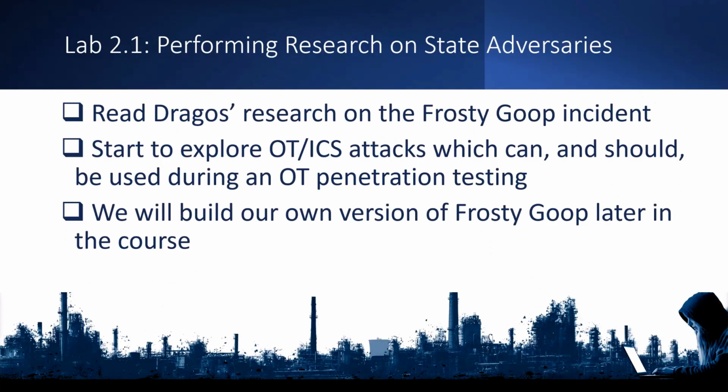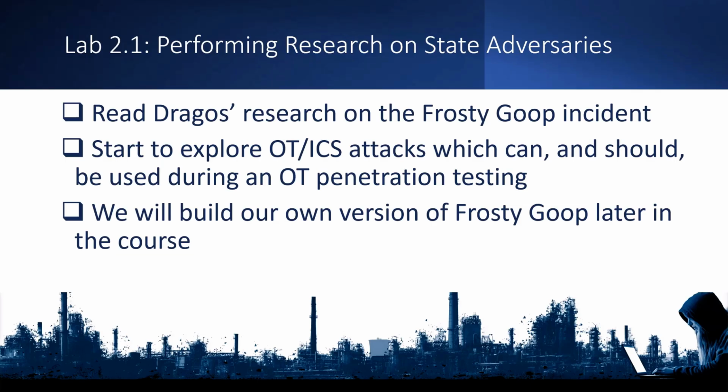So the first lab in this part of the course, I'm actually going to do some more research, but this is actually reading the initial research that Dragos had put out on FrostyGoop. Remember, they had actually found FrostyGoop, and so they released an initial white paper on FrostyGoop, and then they did a follow-up webinar, and we're going to talk about all of that in a later section when we come back and recreate FrostyGoop in ChatGPT.